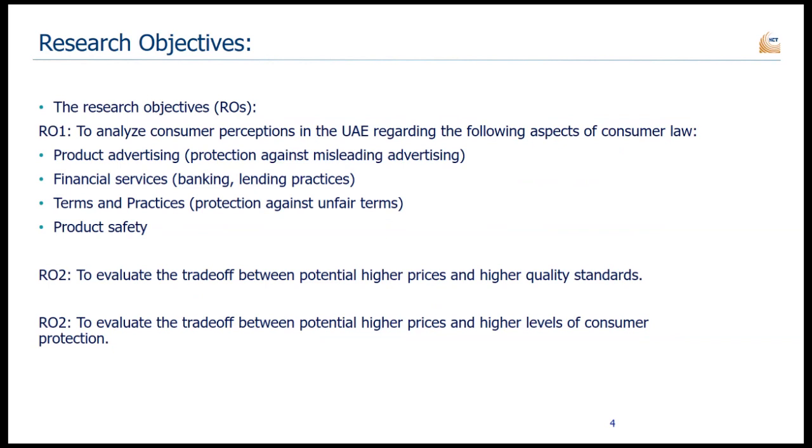Our second research objective was to evaluate the trade-off between potential higher prices and higher quality standards. The third was to evaluate the trade-off between potential higher prices and a higher level of consumer protection available in the UAE.